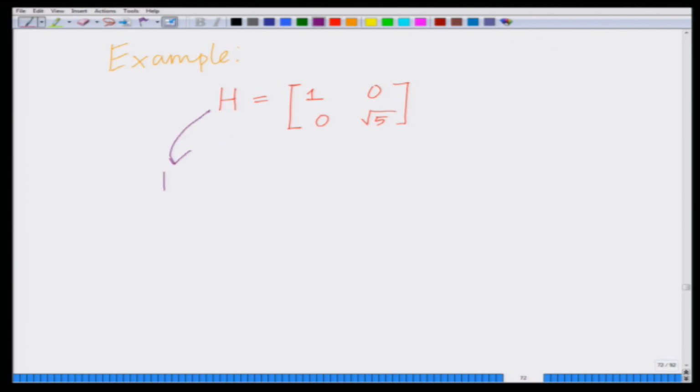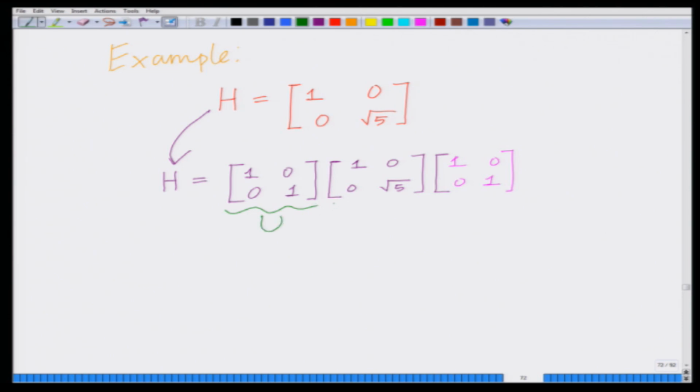So, one might be tempted to write H as the identity matrix [1 0; 0 1] times [1 0; 0 square root of 5] times the identity matrix [1 0; 0 1], and conclude that this is a singular value decomposition. This is my matrix U, this is my matrix sigma, and this is my matrix V Hermitian.